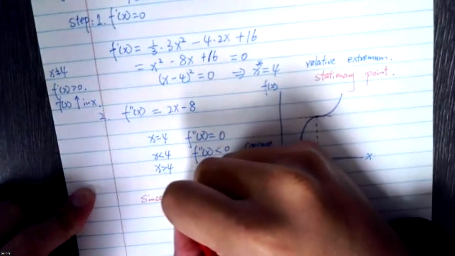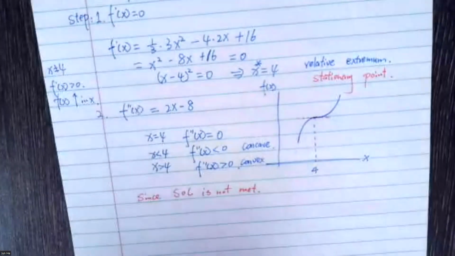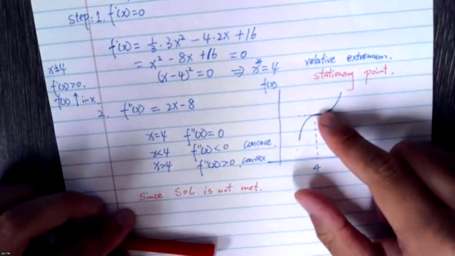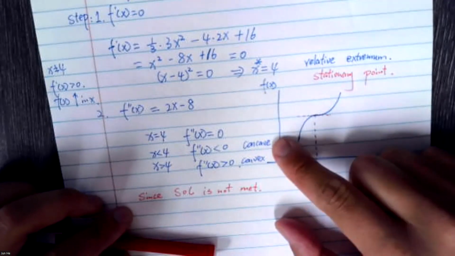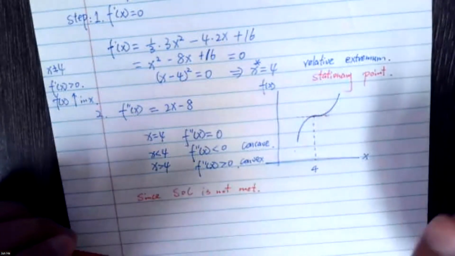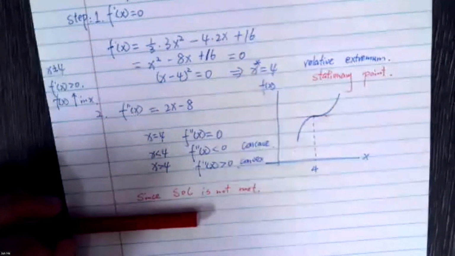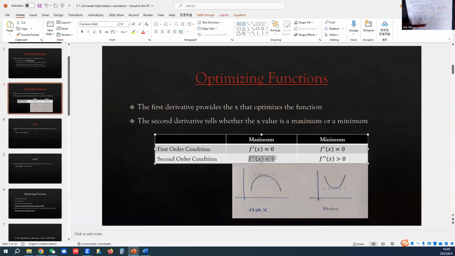Since the second order condition is not met, that is to say, we don't have a strictly concave or a strictly convex function around this point, right? It's like what I showed you previously on the second page of the slide. Here, it requires that f double prime x is strictly smaller than 0, or strictly greater than 0 to ensure a maximum or a minimum.